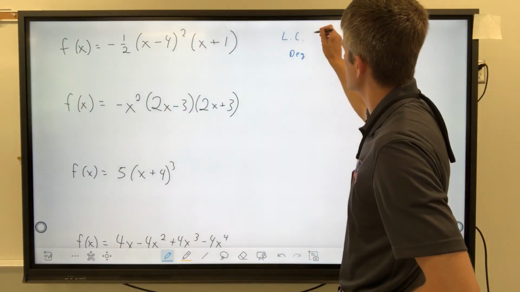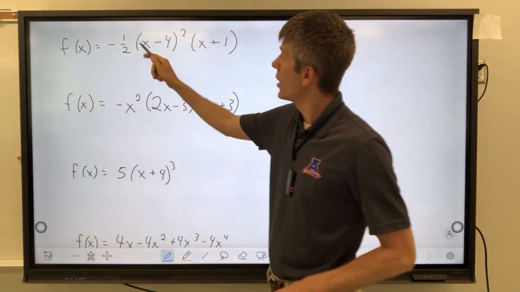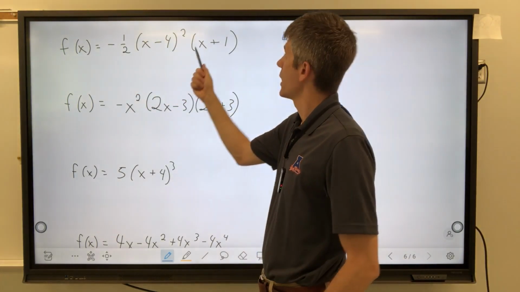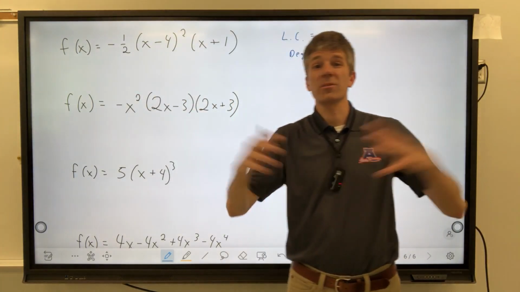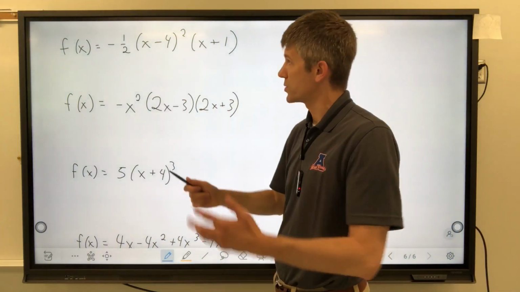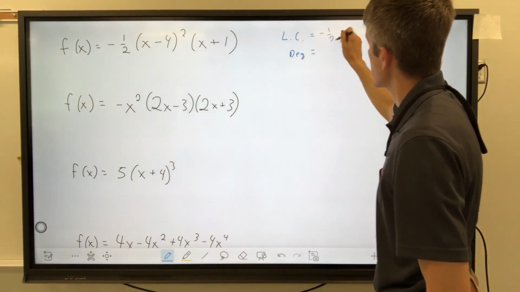So leading coefficient in this situation is, okay, well, -1/2, and I agree with you, but then there is a 1 that gets squared, which still is 1, and then a 1 here. So if I were to multiply all this out, I'd have 1 squared times 1, which is 1, times -1/2. So the leading coefficient is -1/2.